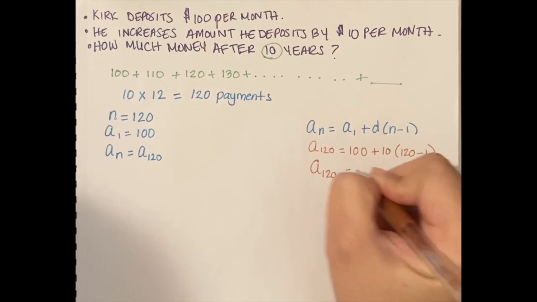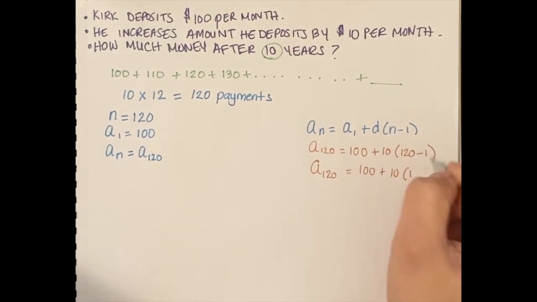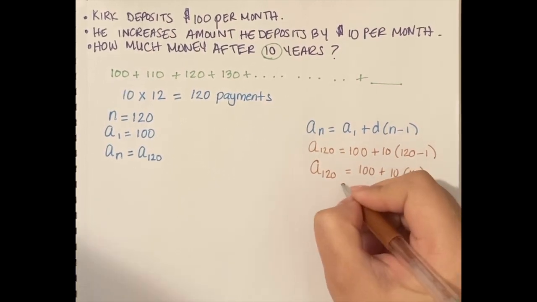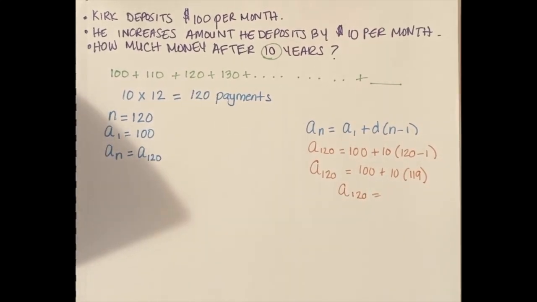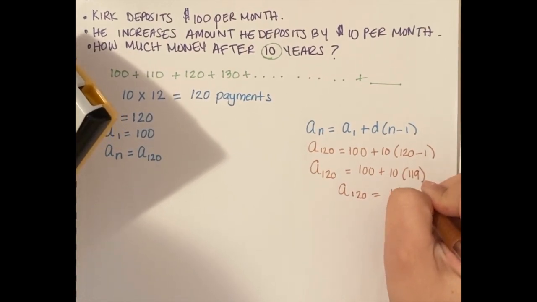Well, we have 100 plus 10 times 119, which is equal to, if we just plug all of that right into our calculator, 100 plus 10 times 119, that gives us 1,290.